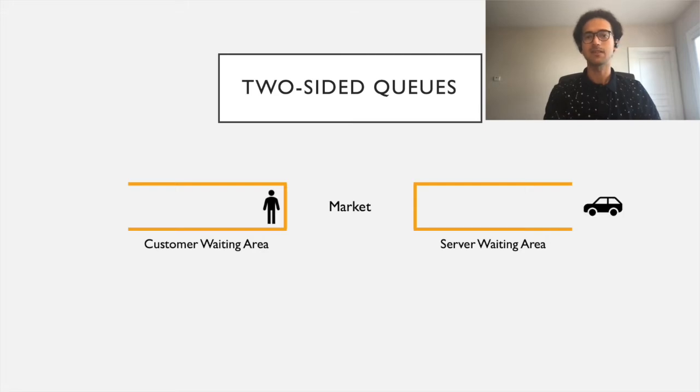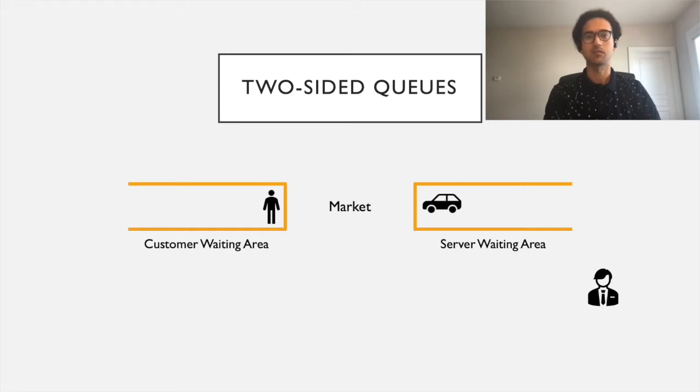Similarly, a server may also arrive in the system. The system operator will quote a price for the services offered by the server. The server can then either reject this price and leave the system, or accept the price, receive a payment, and join the queue to serve the customers.